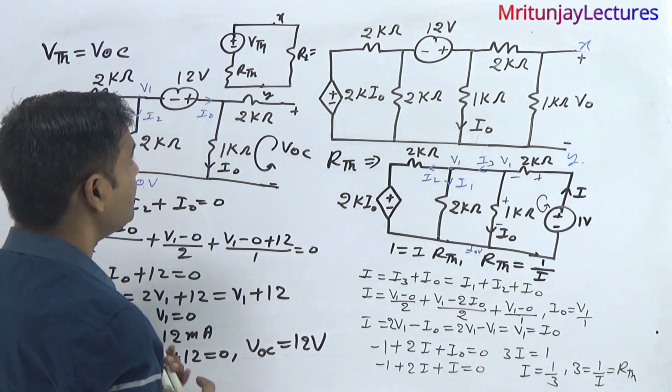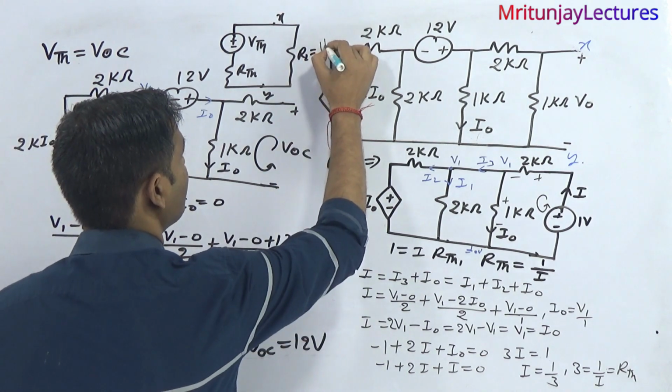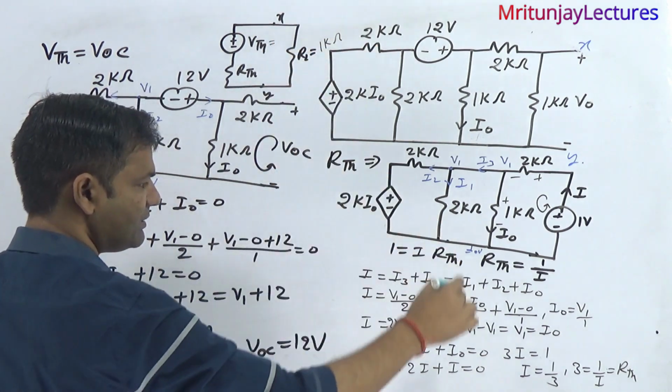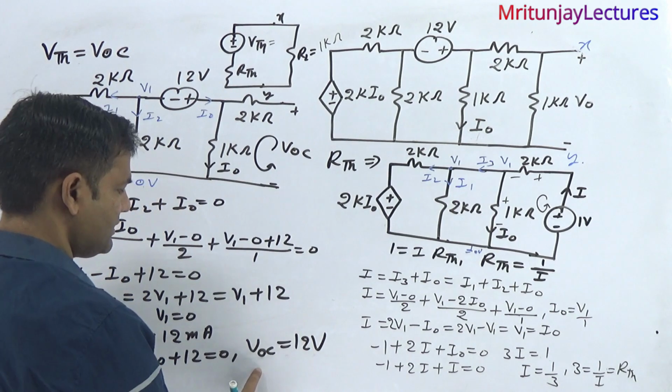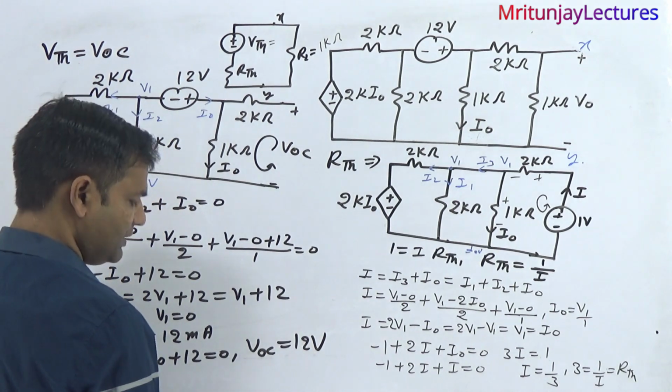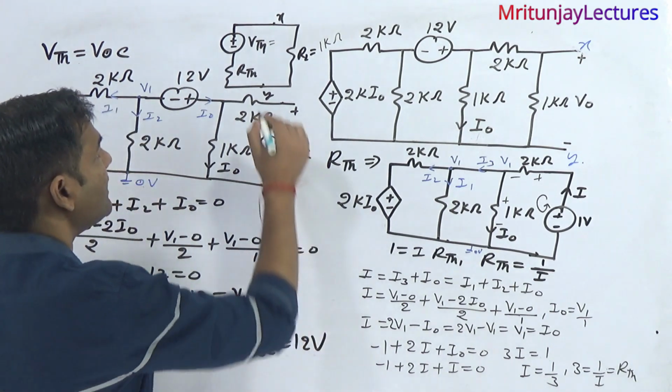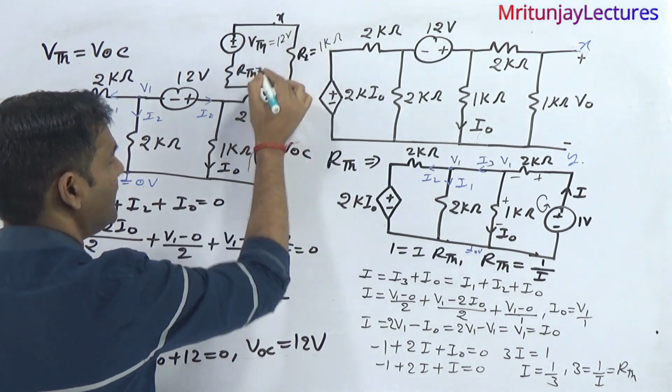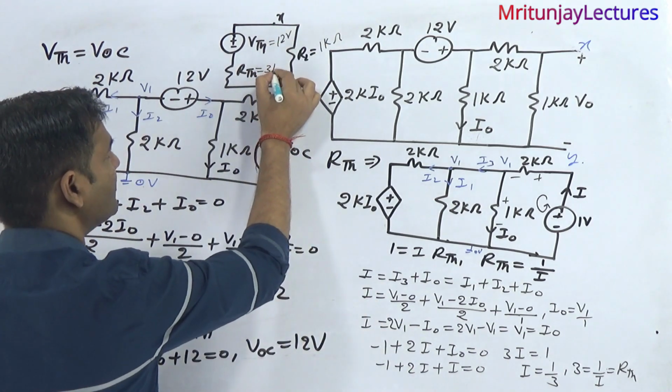RL is 1 kilo ohm, VTH is 12 volt and RTH is 3 kilo ohm.